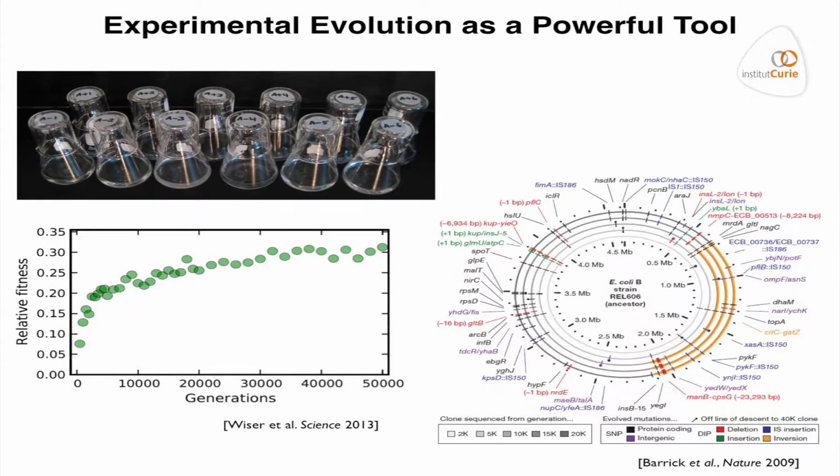What you're seeing, each of these concentric circles is one of those genomes from each of these time points, early time points in the middle, late time points at the outside. And each of these little tick marks is a mutation that they observed. Okay? And how many of you know anything about E. coli?